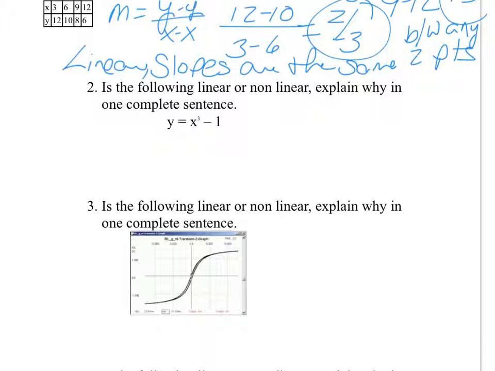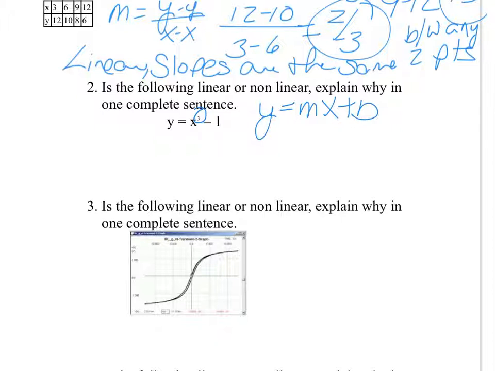In problem 2, we're looking at an equation. Basically, with an equation, you want to determine, first of all, can you get it into y equals mx plus b form? And if you can, does it look right or does it not look right? You'll notice that 2 is pretty much in y equals mx plus b form. But my x has that little exponent of 3.